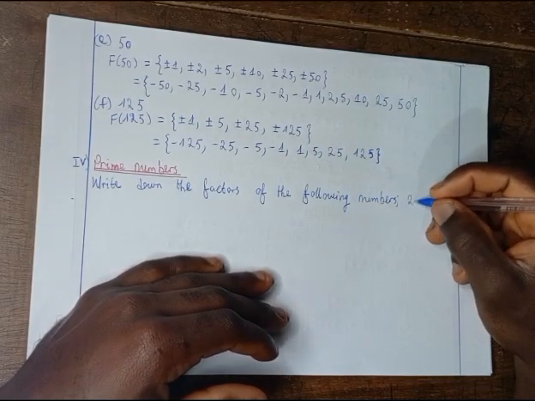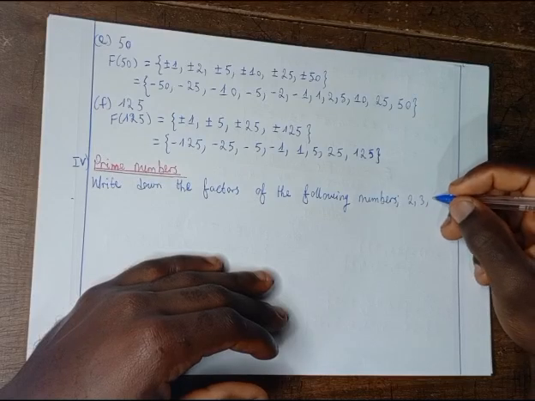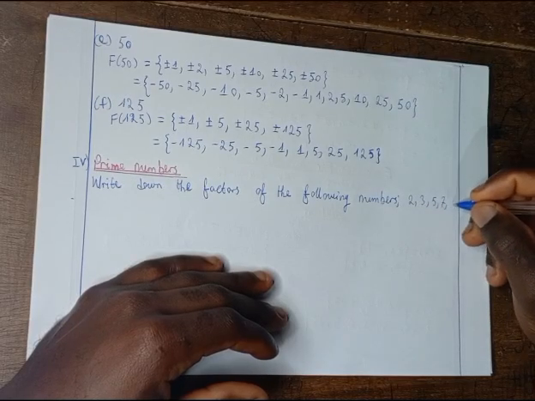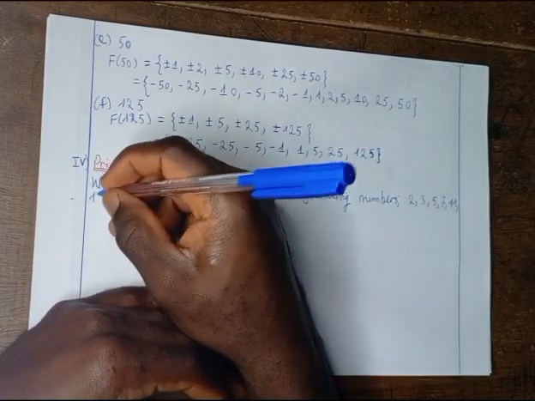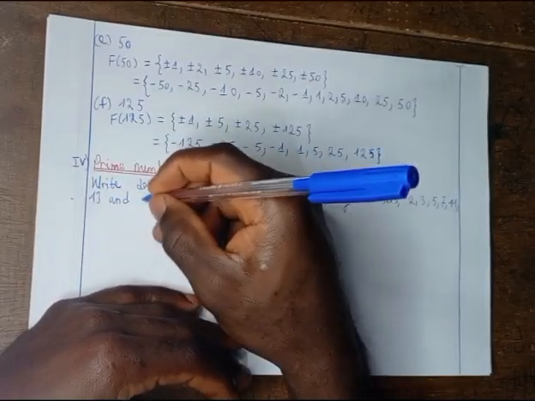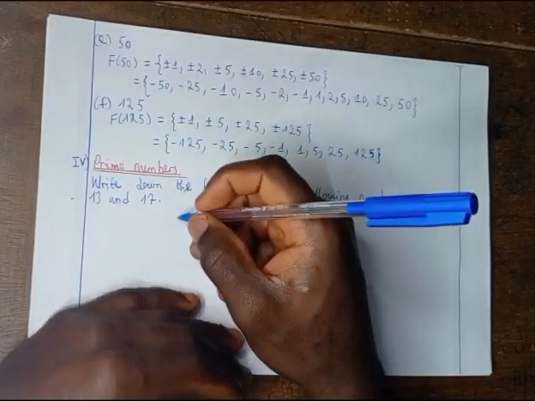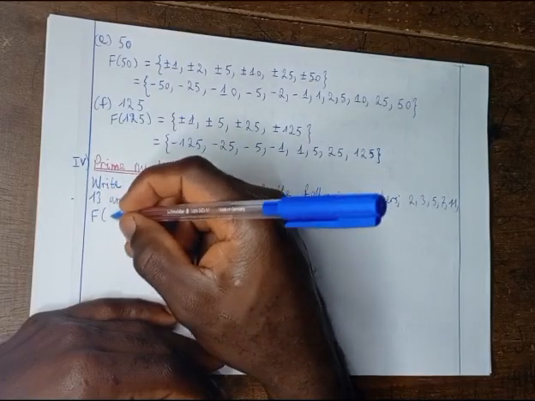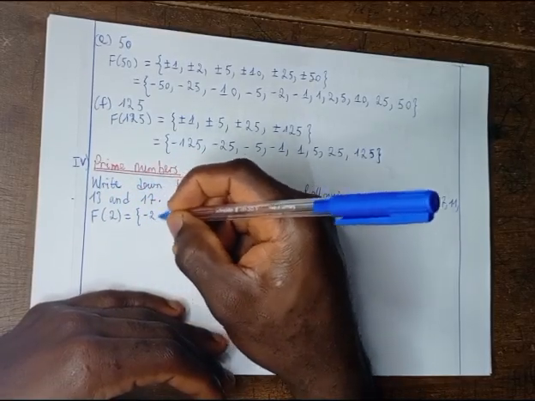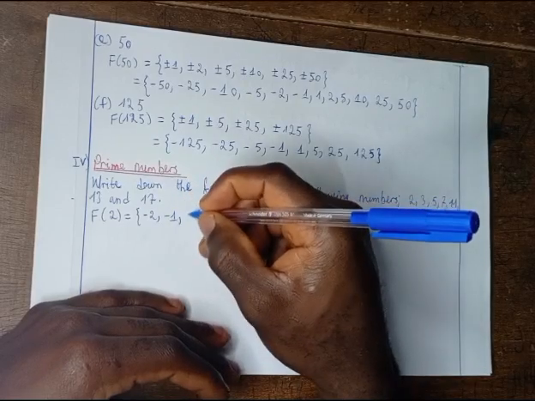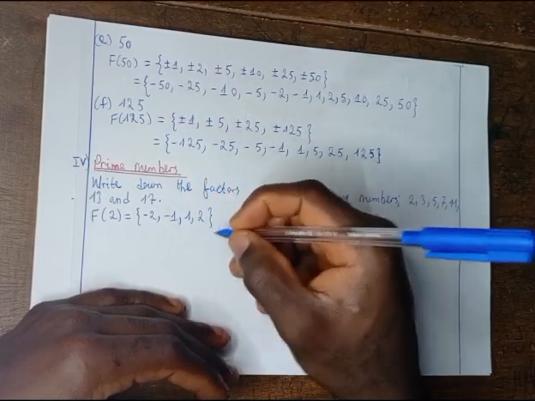We have 2, 3, 5, 7, 11, 13, and 17. Let's write out f of 2. F of 2 will simply be -2, -1, 1, 2.